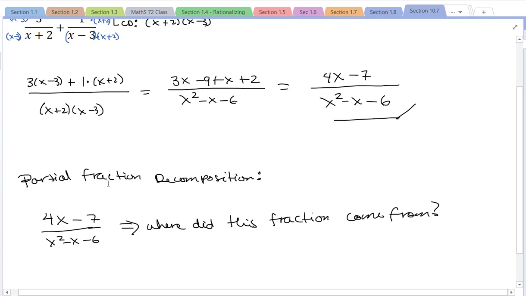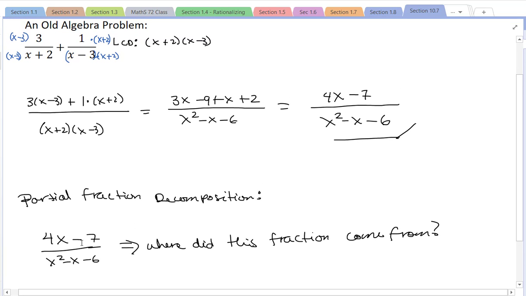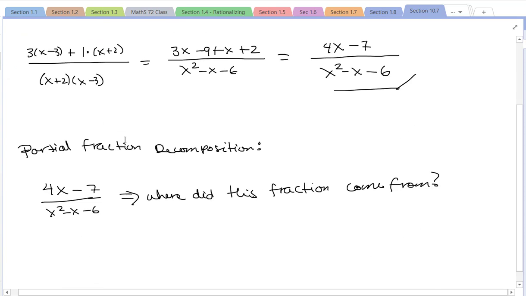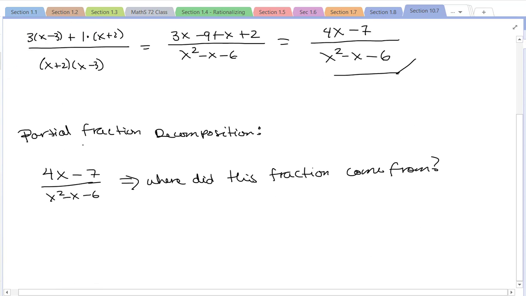So I know 4x minus 7 over x squared minus x minus 6 came from adding these two separate fractions. So I can say, well, 4x minus 7 over x squared minus x minus 6 came from adding 3 over x plus 2 plus 1 over x minus 3.